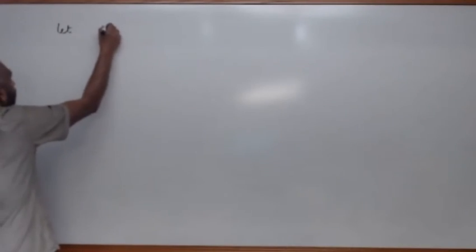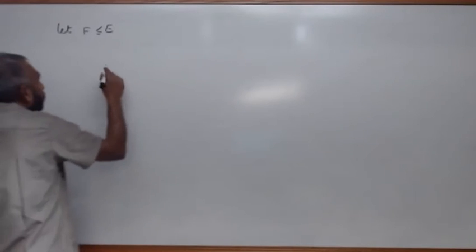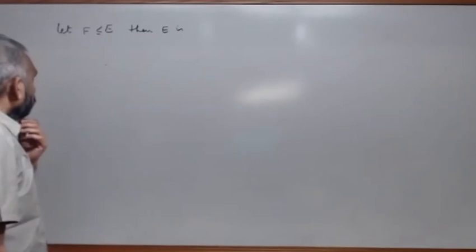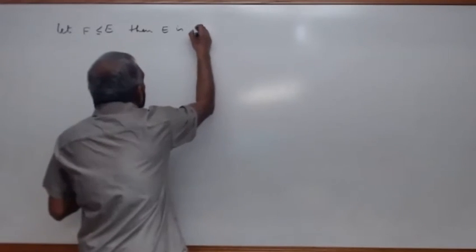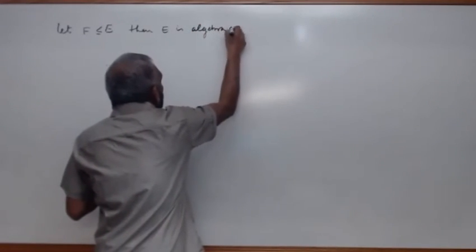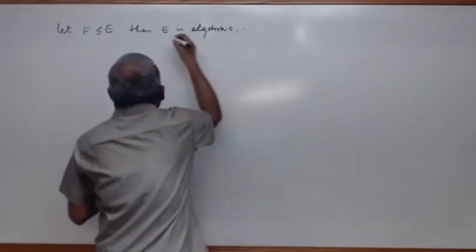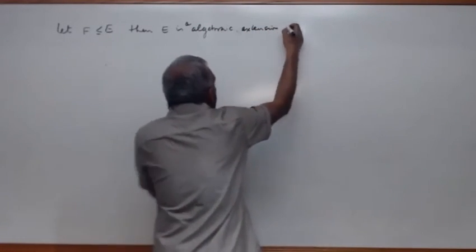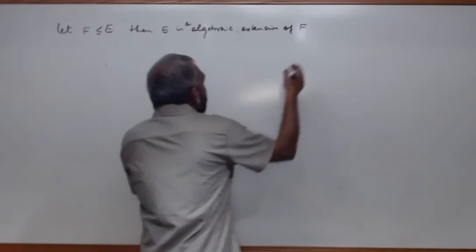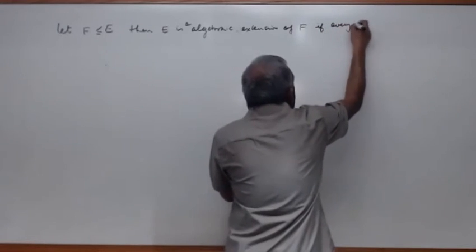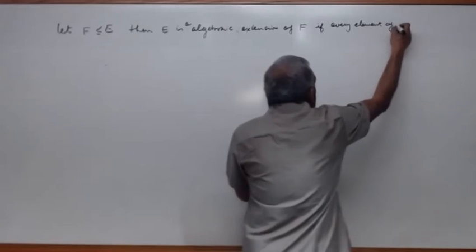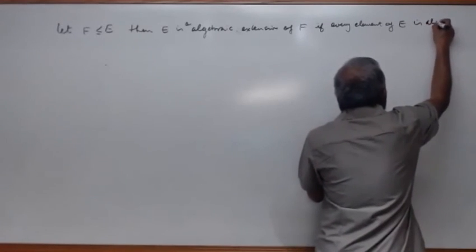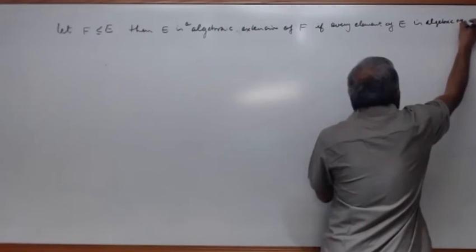Let E be an extension of F. Then E is an algebraic extension of F if every element of E is algebraic over F.